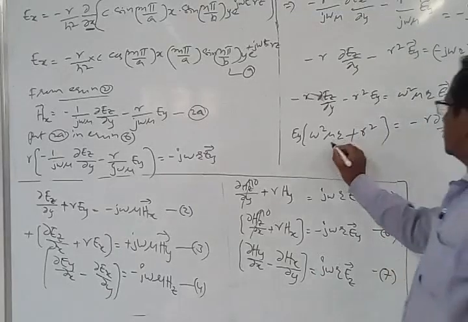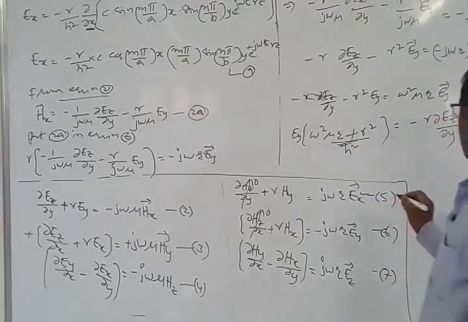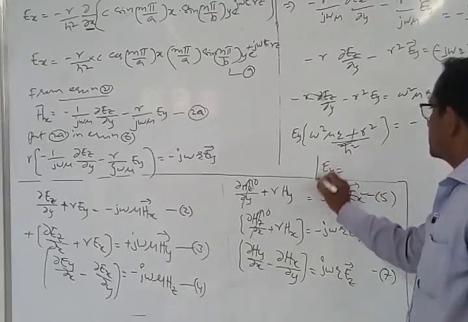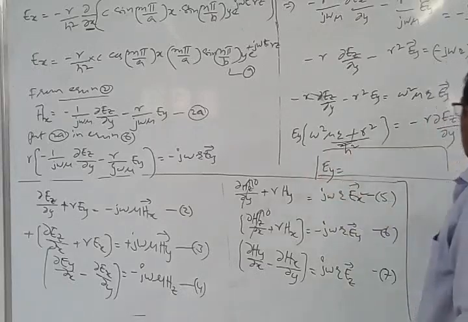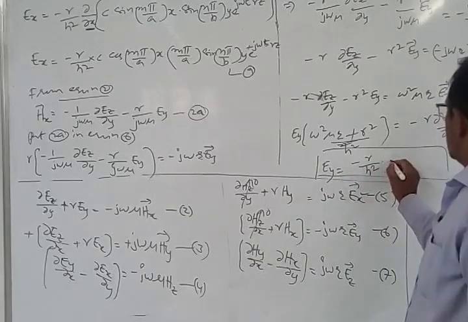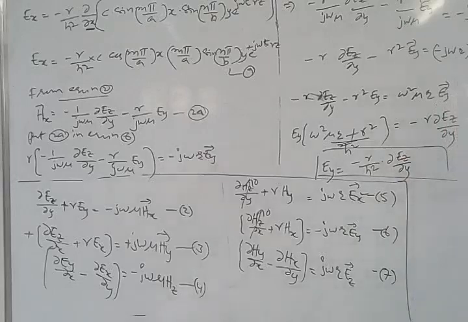So this factor is nothing but h square for us. So therefore finally I can write Ey is equal to minus gamma by h square into ∂Ez/∂y. So that's the equation that I will be getting, say some equation number 10.